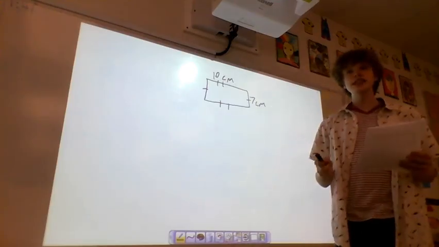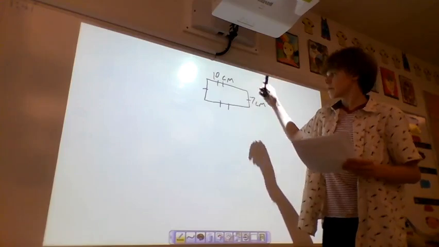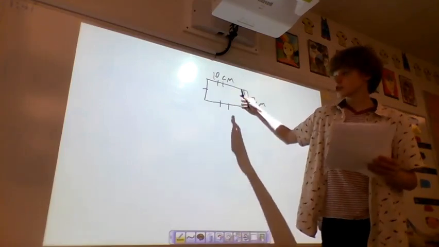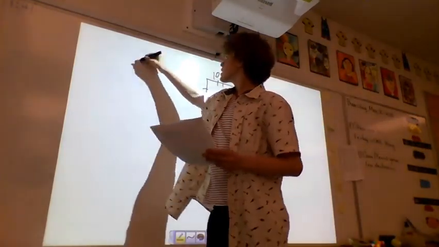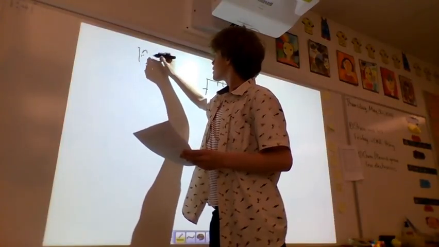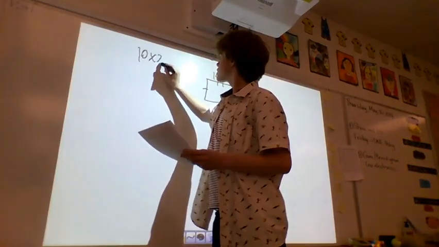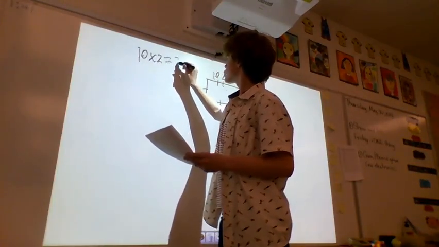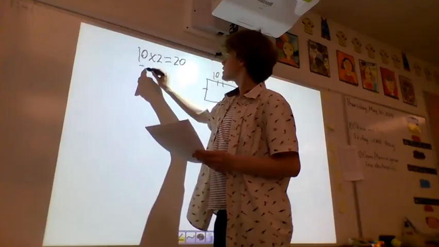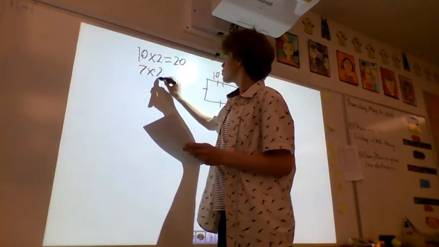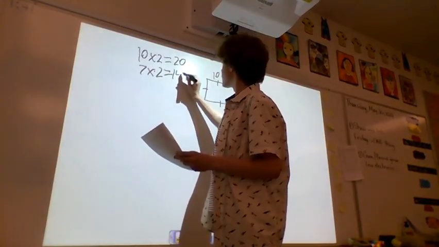Now, all we need to do is multiply these two numbers by 2, because there's two sides, so 10 times 2 equals 20, and 7 times 2 equals 14.